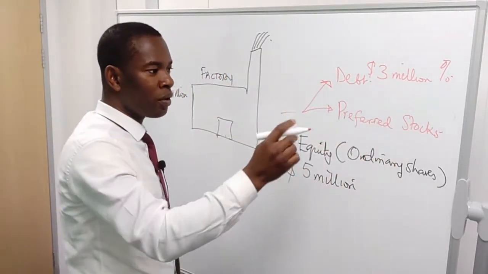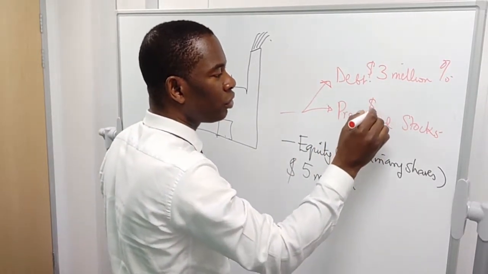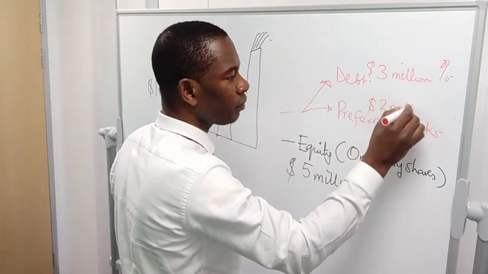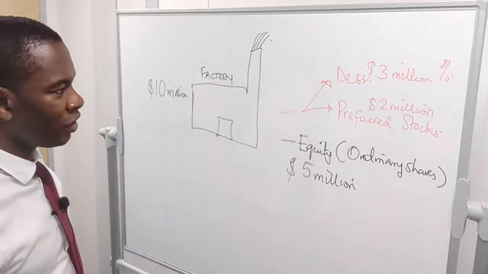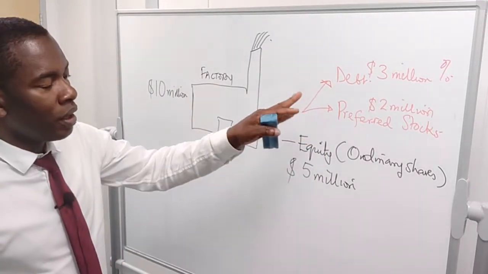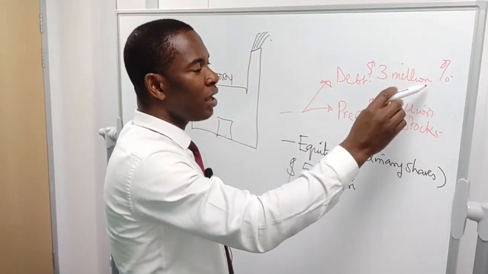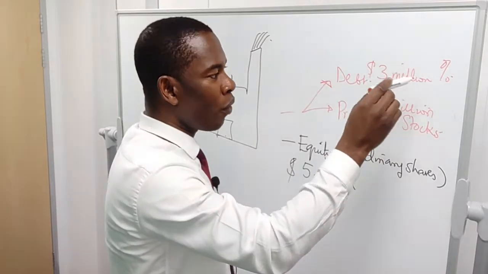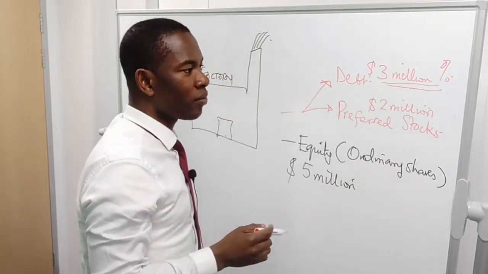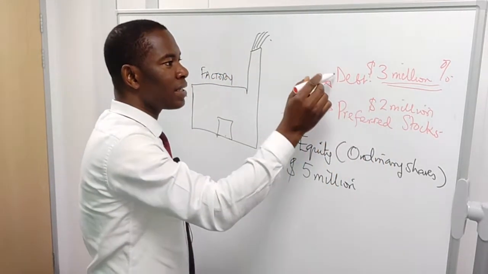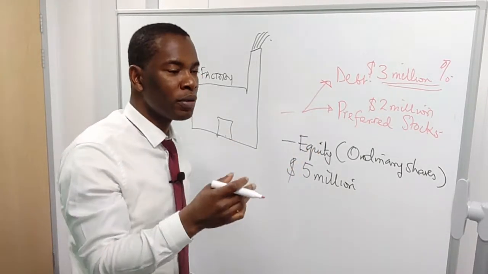Then this other one, this preferred stock, they then sell 2 million of preferred stocks. So the difference between these two is that, you see, this one, you must always pay an interest on it, and it has greater strength when it comes to liquidation.